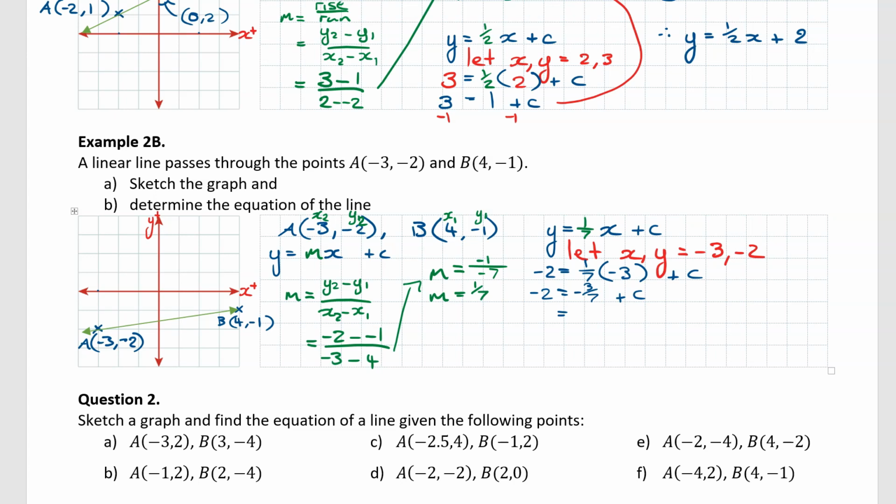So let's get rid of that. We'll go times 7, times 7. So that will become -14 minus 3 plus 7c. And then adding 3 to both sides, we wind up with -11 equal to 7c.